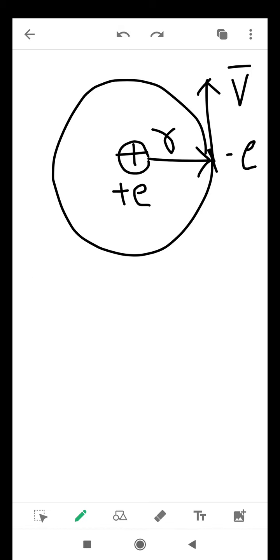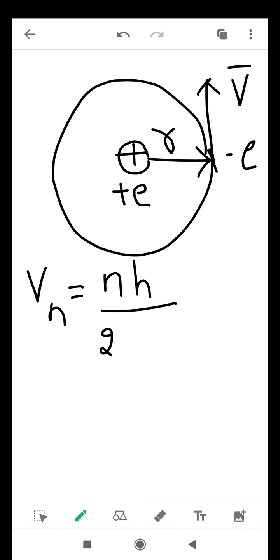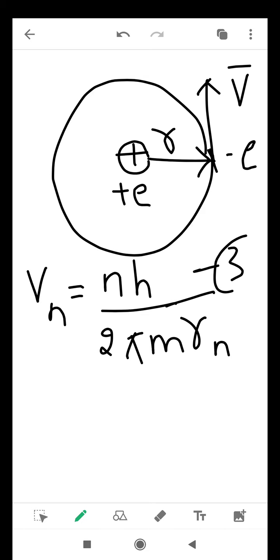Therefore, from Bohr's postulate of quantization of angular momentum, we got Vn is equal to nh divided by 2 pi m Rn. Call this equation number 3.